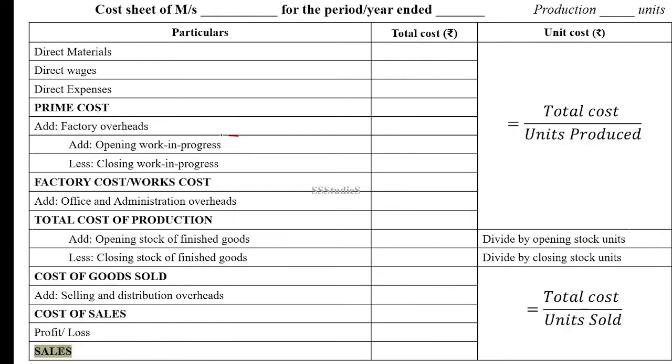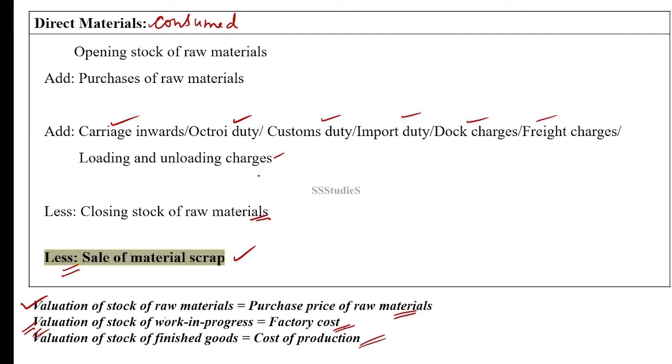So how are we going to value this opening work in progress and closing work in progress? Based on the factory cost. So valuation of stock in progress is based on the factory cost. Now, stock of raw materials, we are looking into while calculating the direct materials. So we take the purchase price of raw materials for valuing the stock of raw materials.